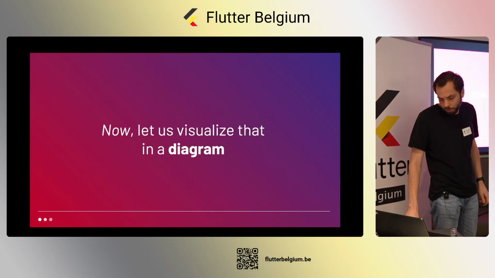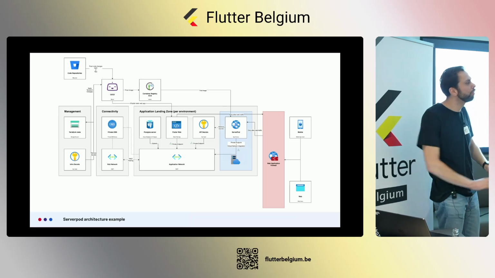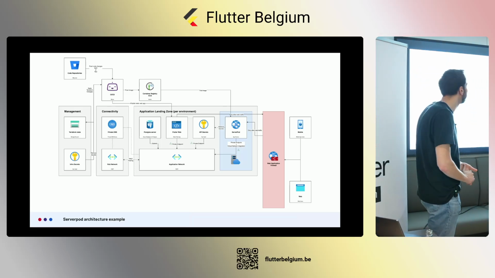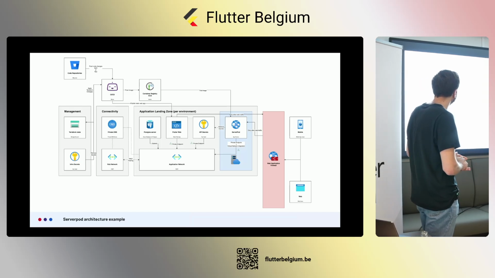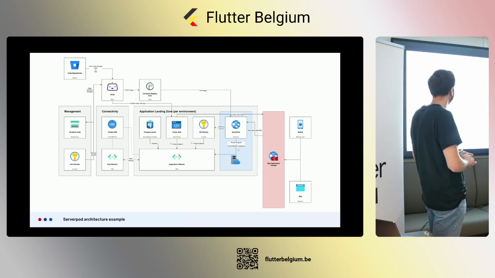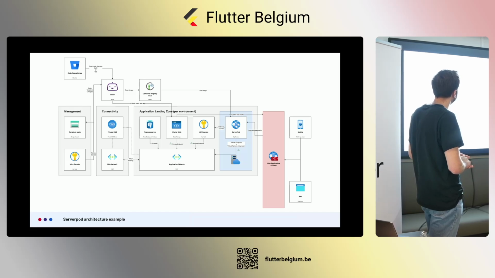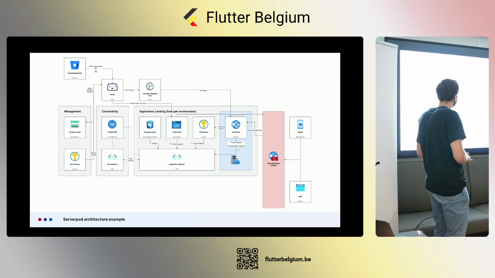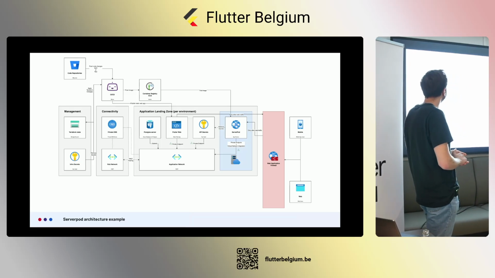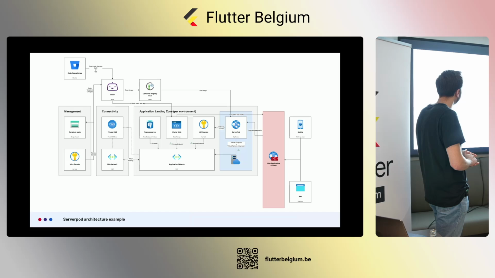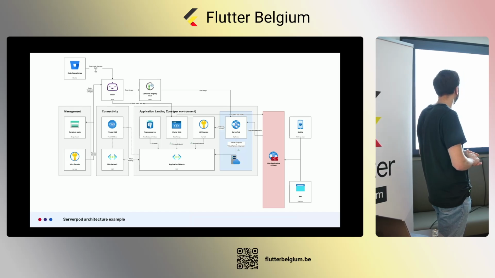Now let's visualize that in a diagram. I won't go too long on the diagram because probably Brent will explain as well. This is, for example, the solution we did for Serverpod. We had both Serverpod as a backend running and also Flutter web as a static web app. This is how we would implement this for a client.